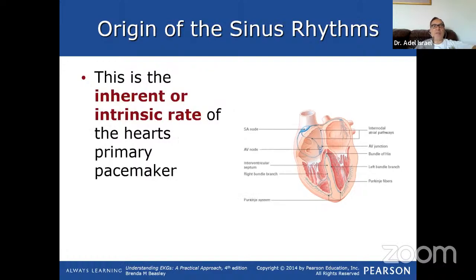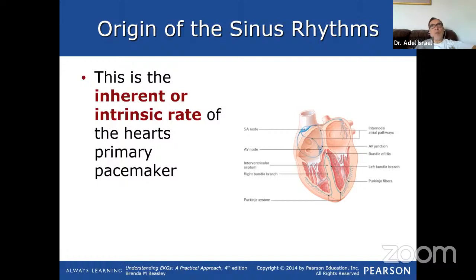We have this number, and this is what we call the inherent or intrinsic rate. This is the normal one. Why? Because sometimes we make the heart rate slower by medication, or it is not compatible with the normal range.